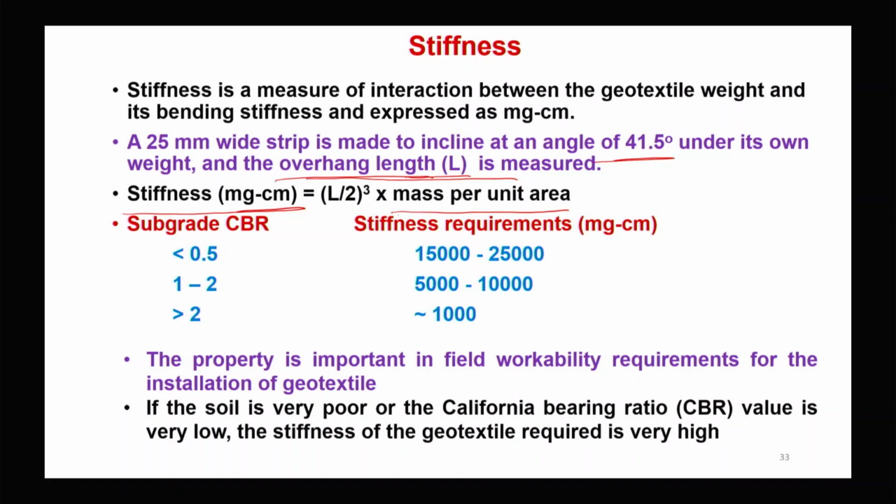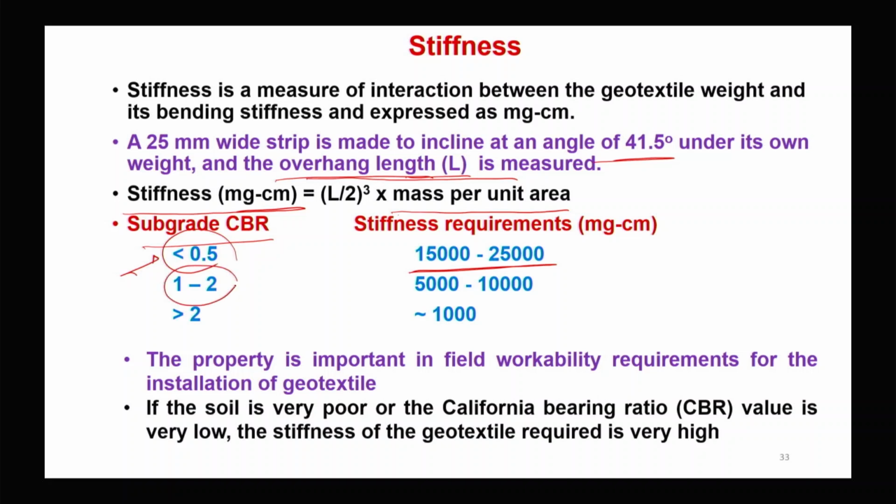And for subgrade CBR value, you can see very soft soil, less than 0.5 CBR value, we need very stiff geotextile, 15,000 to 25,000 stiffness.